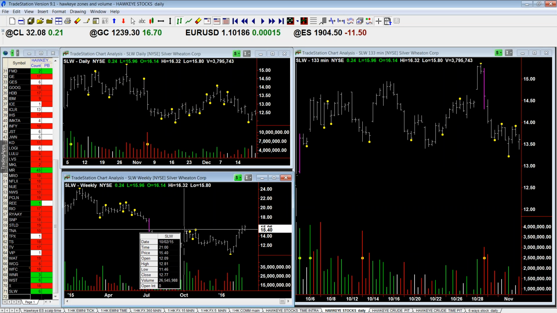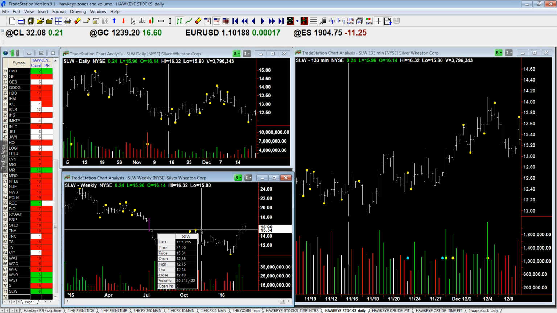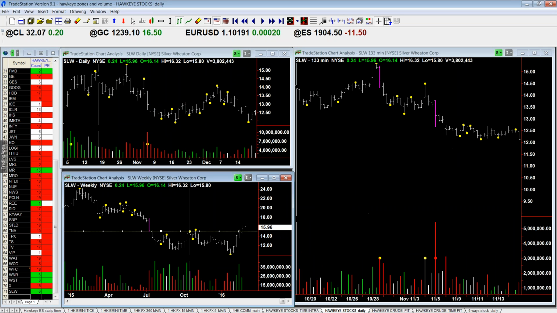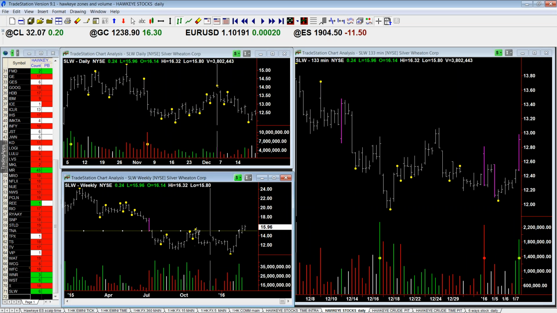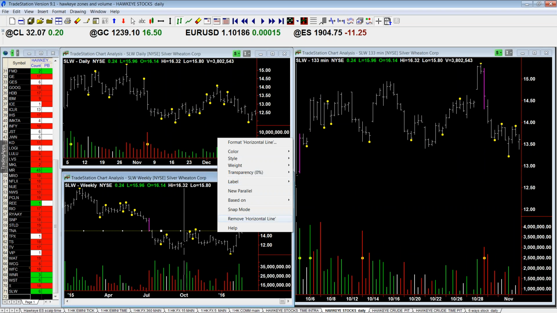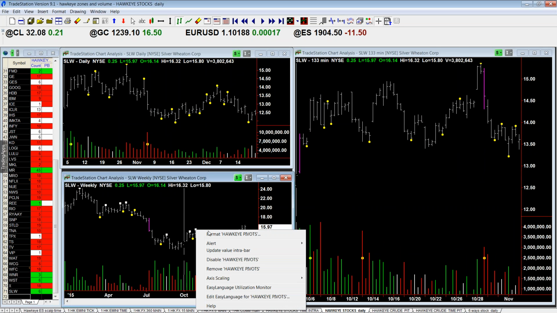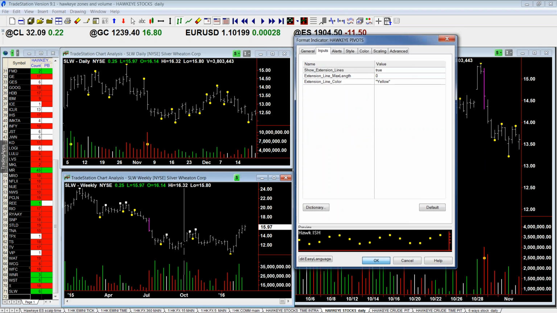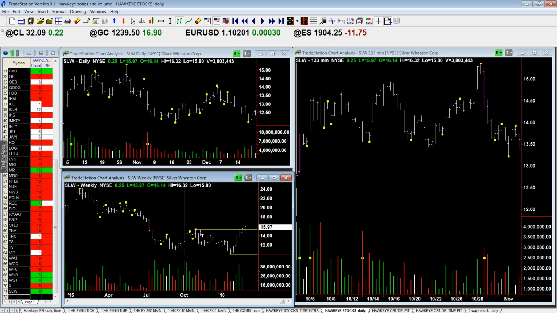But if we come over here to that pivot high, remember what I said earlier, I like to see no part of the bar straddling a pivot high. And you can see, by the way, for you people with the volume, if you come in and format it, inputs, and put true in there, it'll draw the extension off the last pivot high and low for you.